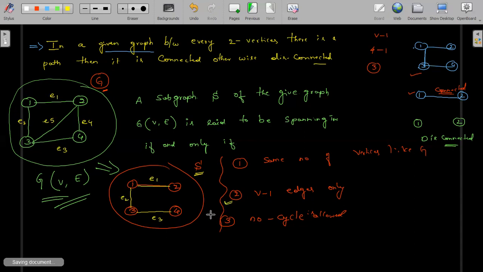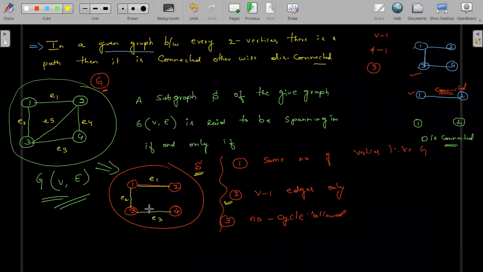V minus 1 edges. Okay, this condition is satisfied. I can see here, no cycle. But here, see, a cycle is there. Okay, are all the vertices there or not? Yes, every vertex is there. So if it is like this, then we can say that it is a spanning tree. For that one also, I am going to write something for you people. Let's see this.